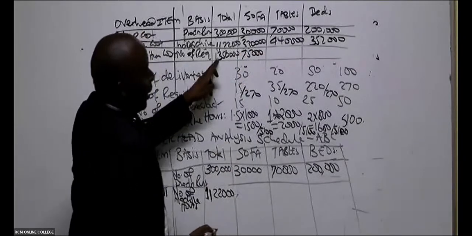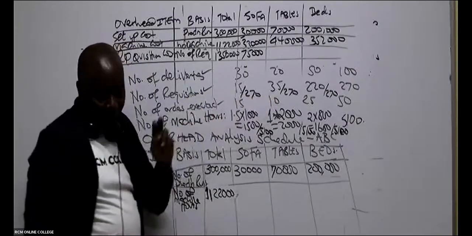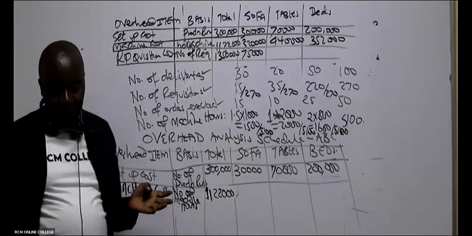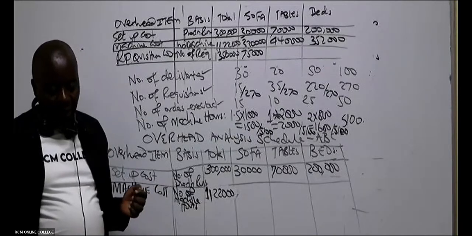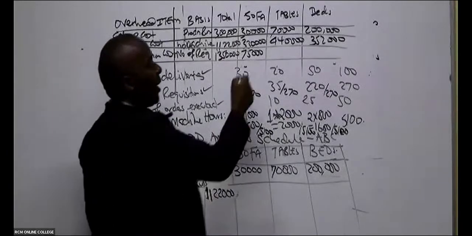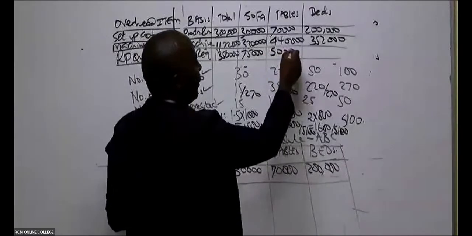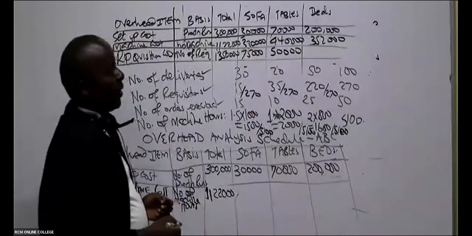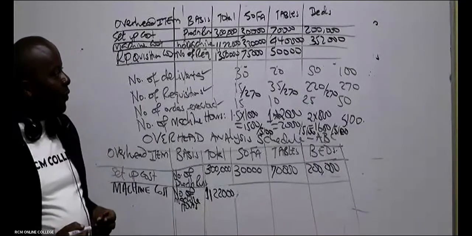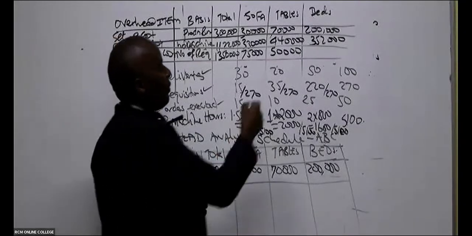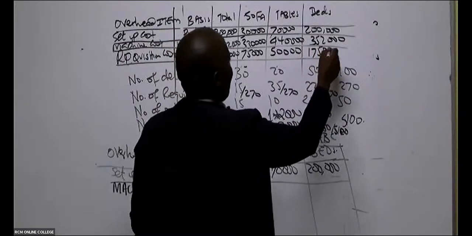And then the same number times this 35 over 270. 50,000. And then the last one, beds, will be 175,000. Thank you so much.